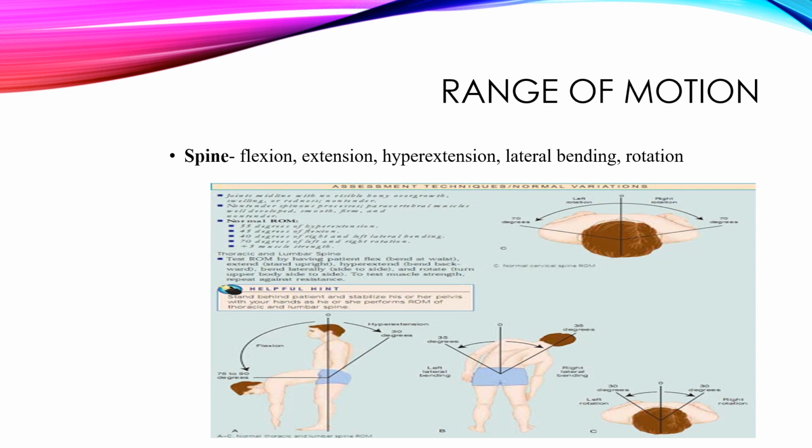So here are some pictures of some of the range of motion. For example, for the spine, you have flexion, extension, hyperextension, lateral bending, rotation. Now you can see from these pictures the actual joints that they are focused on are the cervical spine and the lumbar.